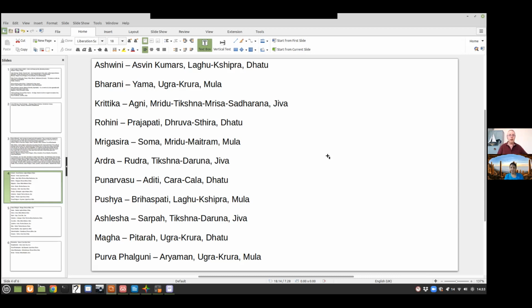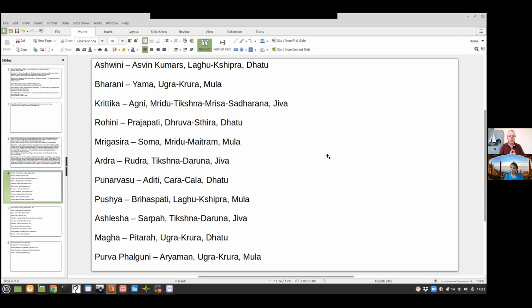Just touching on Mrigashira Nakshatra briefly, because I find quite often when people get into Mrigashira Nakshatra, they don't understand the full nature of that nakshatra, and they think of it as just fulfillment. It's about fulfillment, and that's as deep as they go.